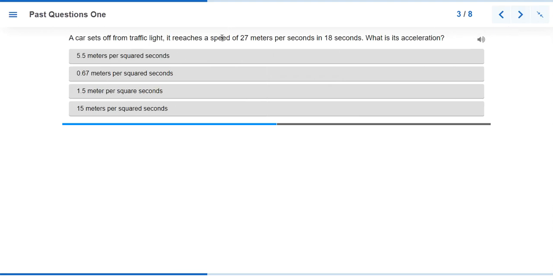So a car sets off from a traffic light. It reaches a speed of 27 meters per second in 18 seconds. What is the acceleration? With this, acceleration is equal to velocity over time.